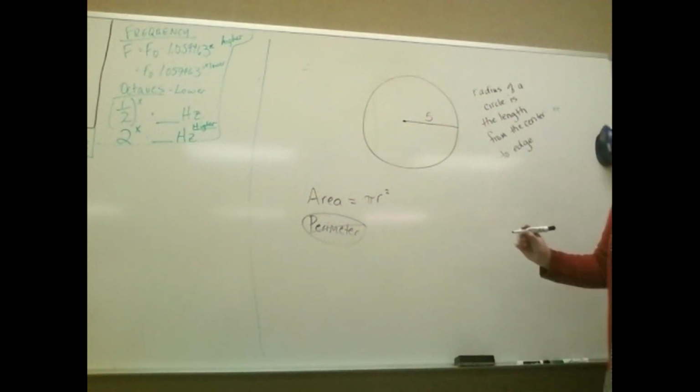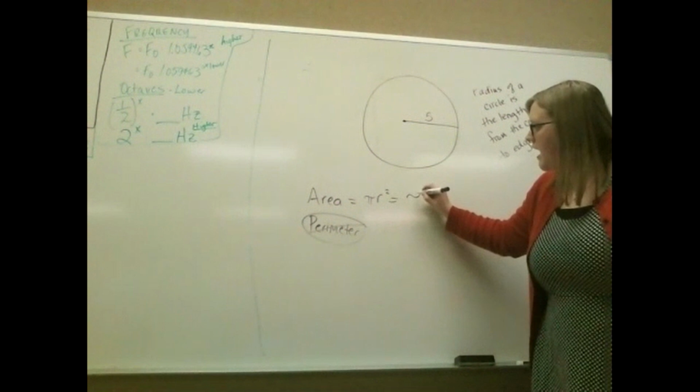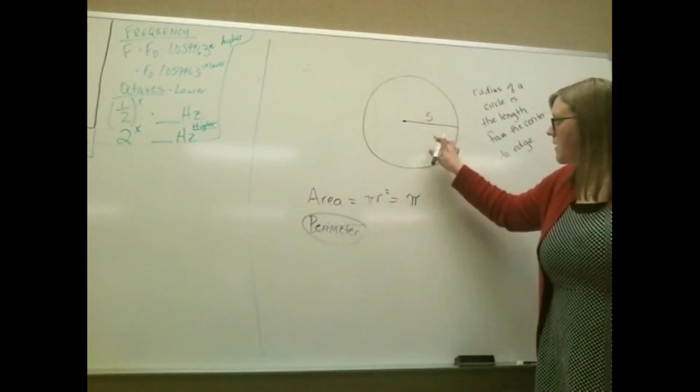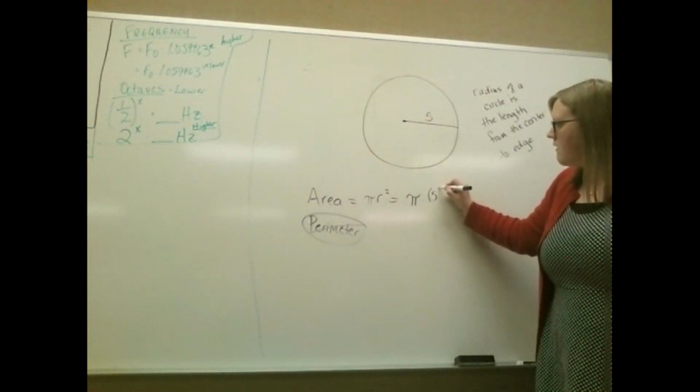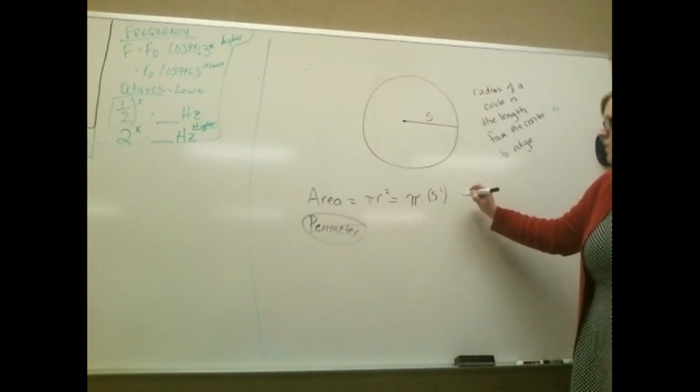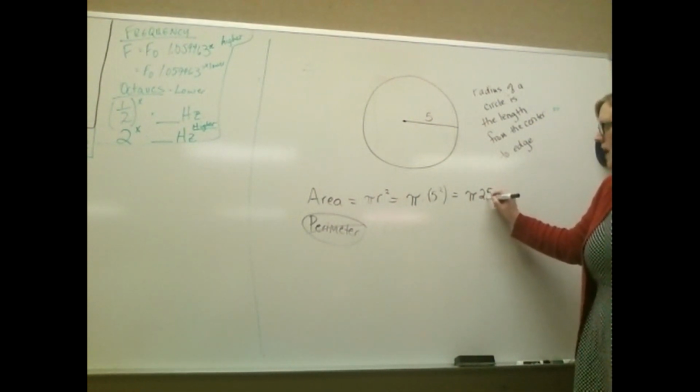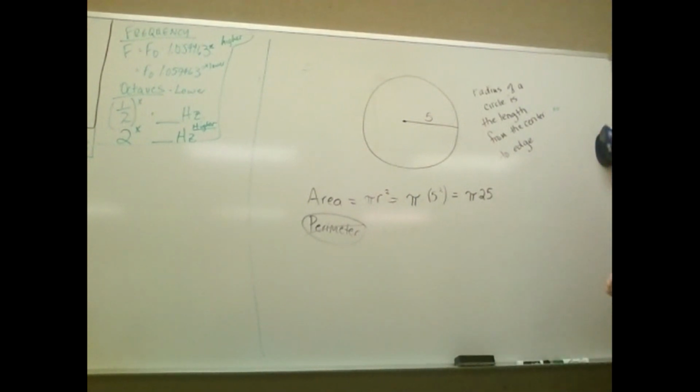So what that looks like is pi times our radius is 5. 5 squared, we know is 25. So we have pi times 25. This is completely correct, but it's non-standard notation. Generally, they write it as 25 pi.